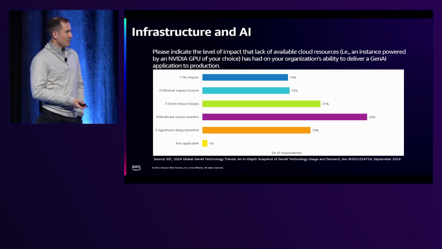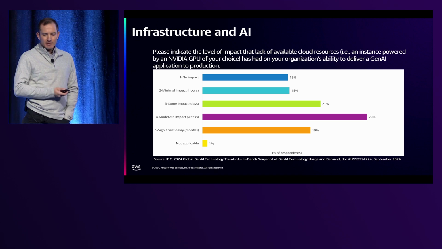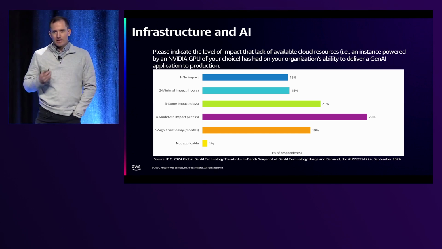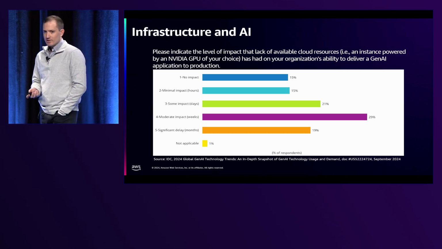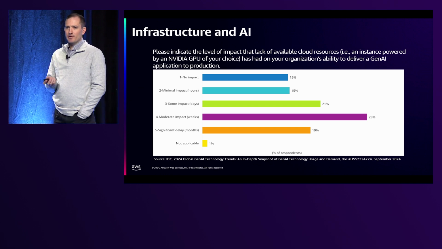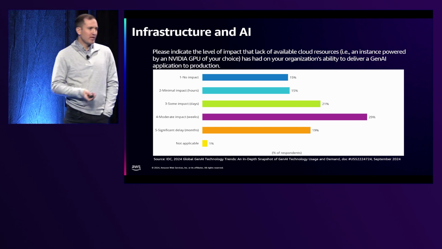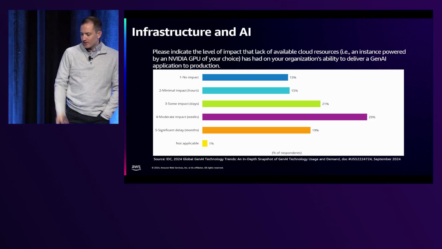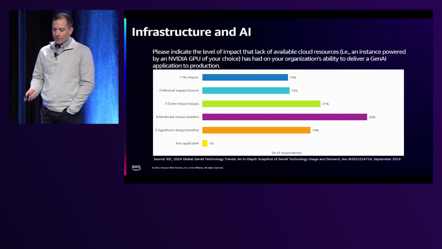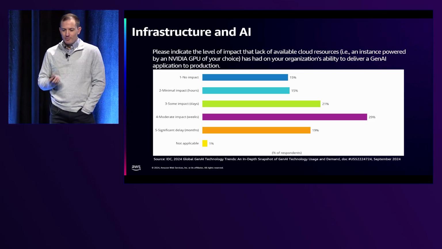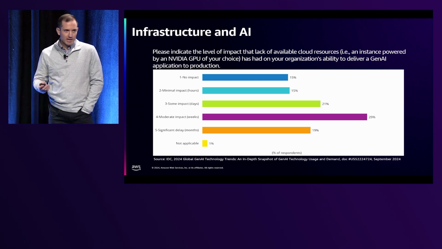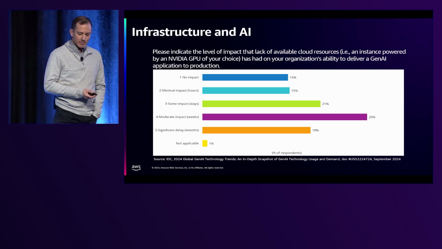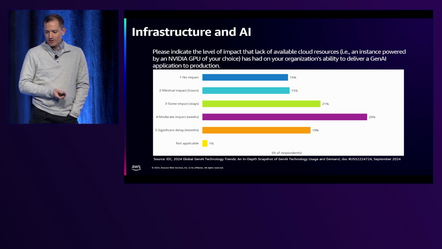So what I'm showing here is what is that impact of if you didn't have those GPU resources available to power those applications, what would the impact be to your business? So I think you can see here is pretty self-explanatory that we're really dependent on those GPU resources, and they're becoming more and more a critical piece of our infrastructure.